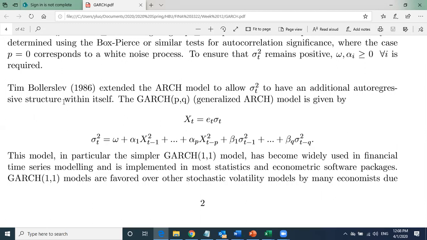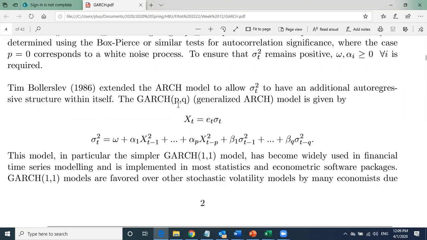Okay, so Bollerslev in 1986 extended the model. His contribution is that he allowed the volatility or the variance to have an additional autoregressive structure within itself. So now we generalized it, and it is called the GARCH model.